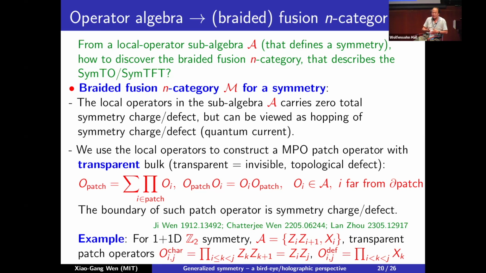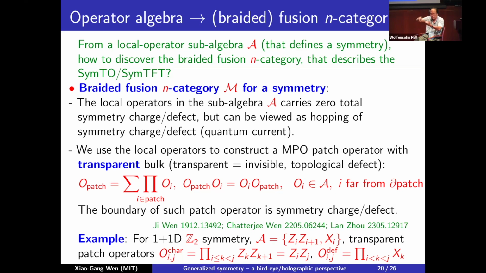So how to do that? One way is to use the so-called patch operator, or more precisely the transparent patch operator. The motivation is the following. The local symmetry operators we have correspond to charge-pair creation operators, like creating a charge and an anti-charge on neighboring sites, because they are totally neutral.